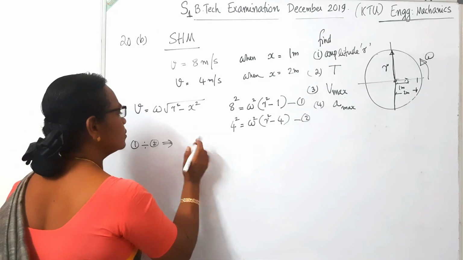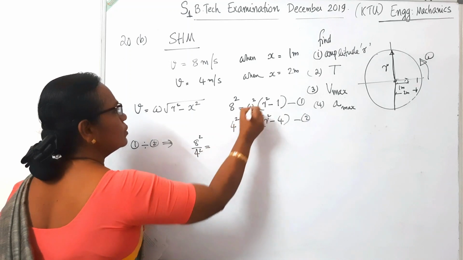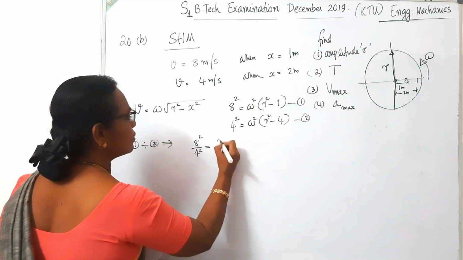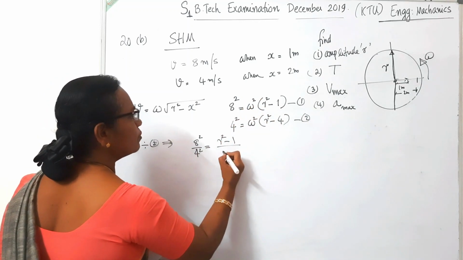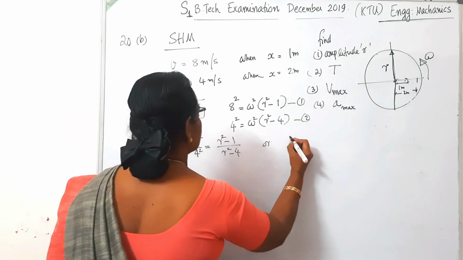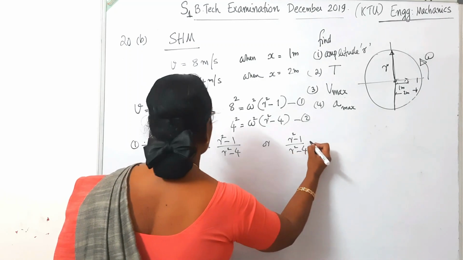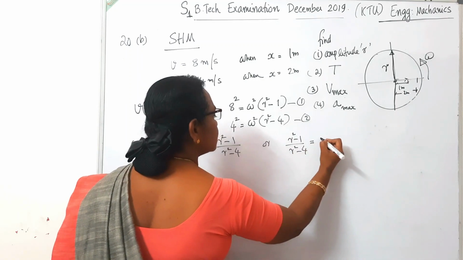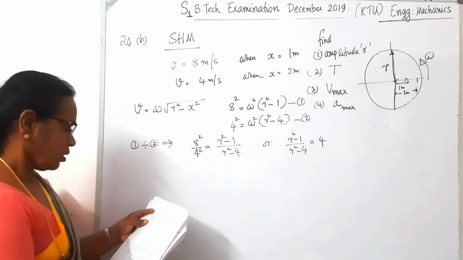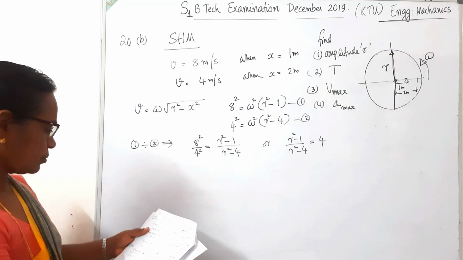Omega square gets cancelled, so r square minus 1 divided by r square minus 4 is equal to 64 by 16, that is, equal to 4.